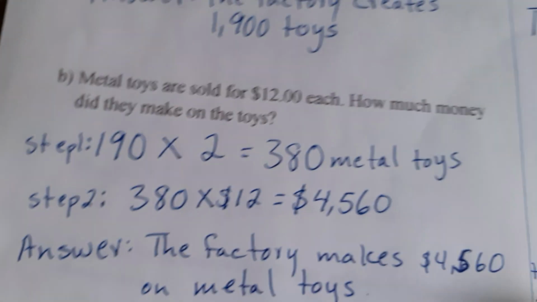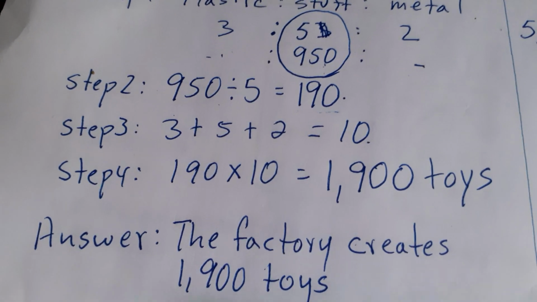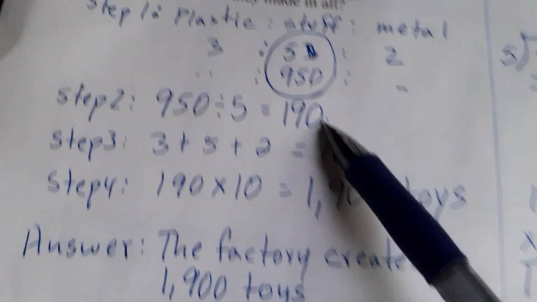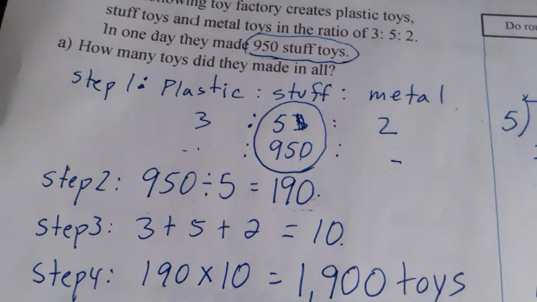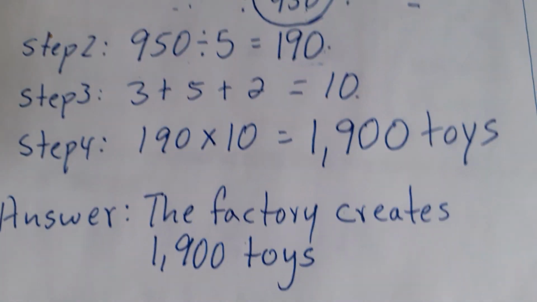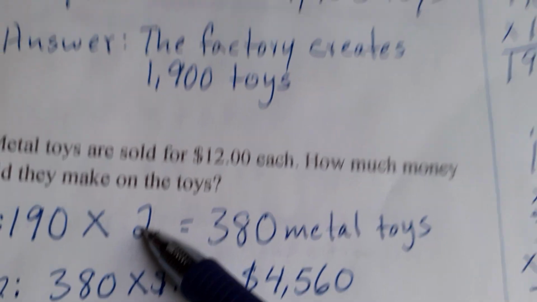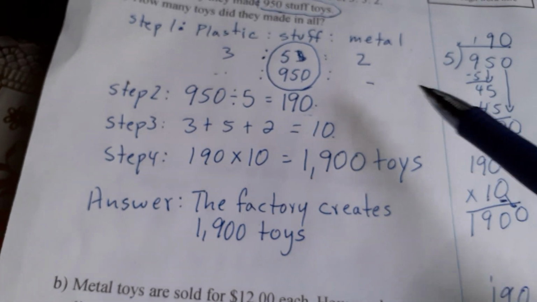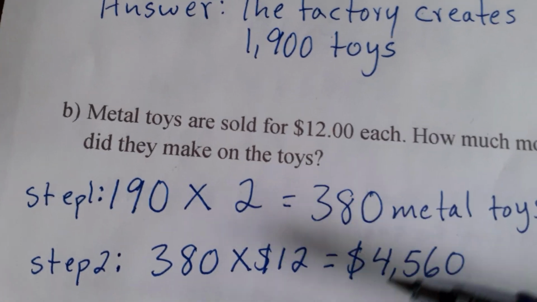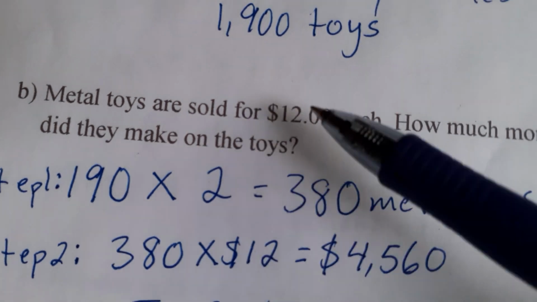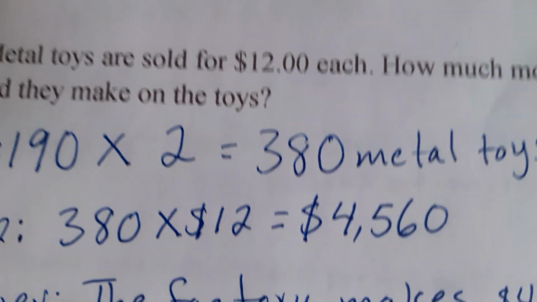Okay, so for part B, remember the first thing you have to do is find the rate. This is the rate when you divide the two numbers that are given. Then you take that number 190 times 2 to find out how many metal toys. You get 380. Then 380 times the price for one, which is 12, which gives you 4,560.